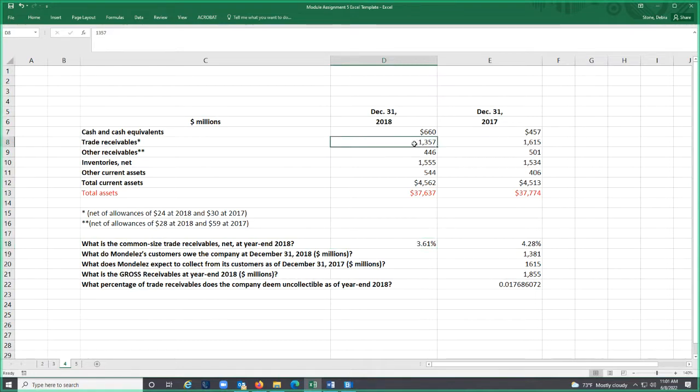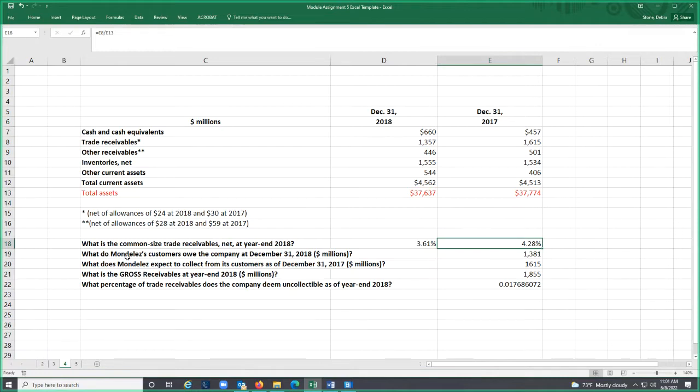We need to calculate trade receivables as a percentage of assets. If I click on it, you'll see that I took D8 divided by D13, which is trade receivables divided by assets, and I got 3.61%, and the same would be true under this column here.